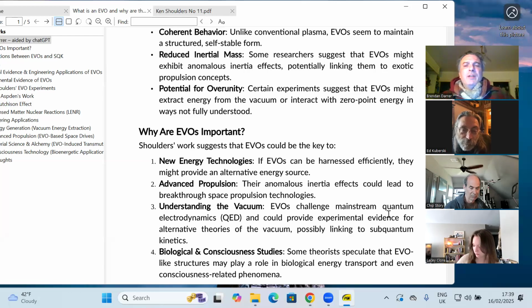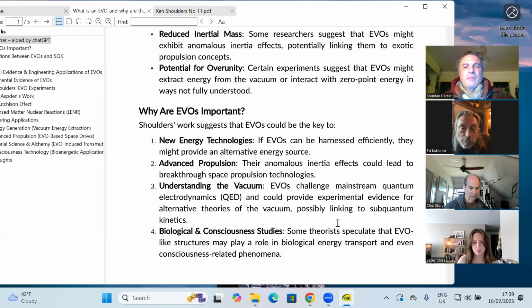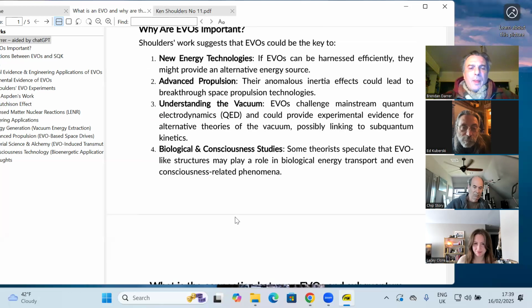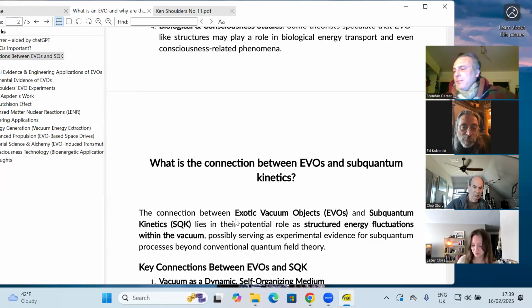EVOs challenge mainstream quantum electrodynamics and could provide experimental evidence for alternative theories of the vacuum, possibly linking to subquantum kinetics. Four, biological and consciousness studies. Some theorists speculate that EVO-like structures may play a role in biological energy transport and even consciousness-related phenomena. That's awesome.